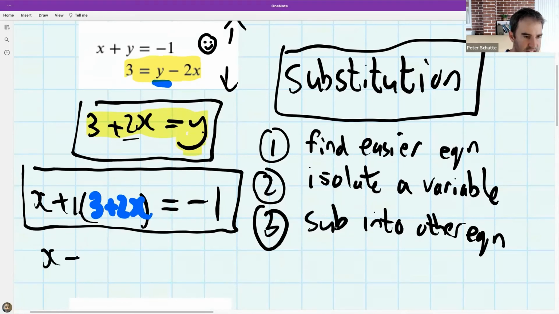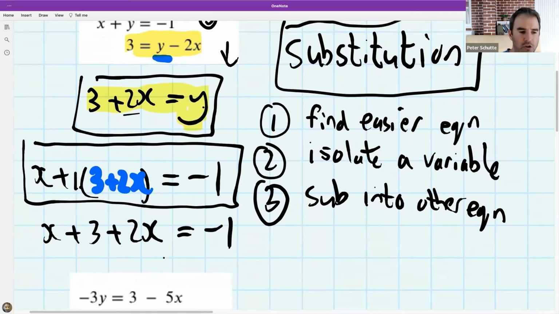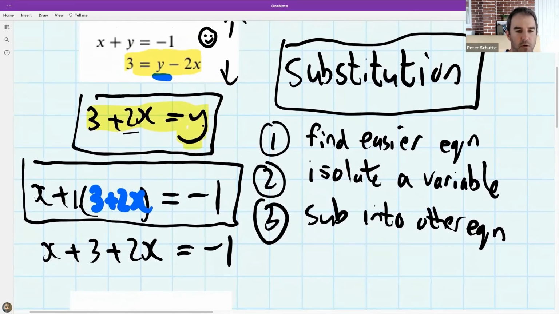And I get left with x plus 3 plus 2x is minus 1. I'm going to do this whole one for you guys, because I know it's new. I'm then going to do some cleanup. I'm going to say that 3x plus 3 is minus 1.